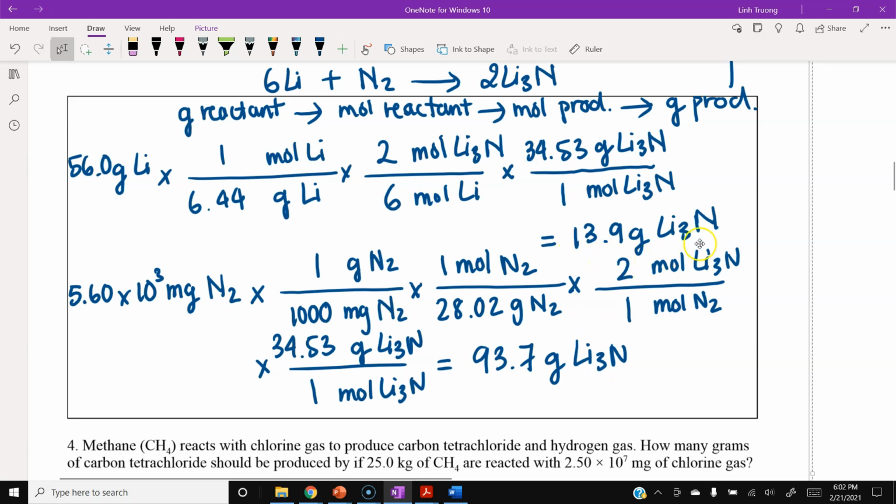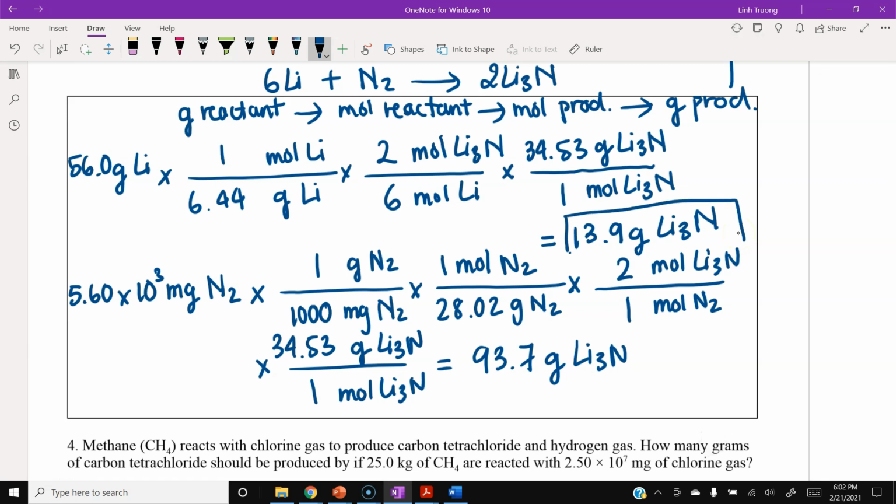Doing what we did with number 1 and 2, you can identify that lithium is our limiting reactant. Because lithium is our limiting reactant, whatever amount of product is produced from lithium must be the real mass of the product that's produced. That is why our final answer is the smaller number.